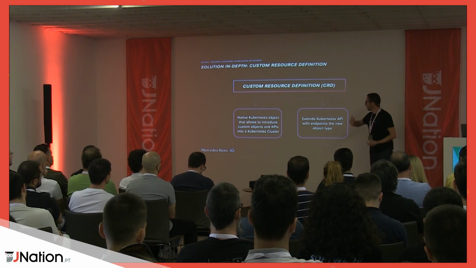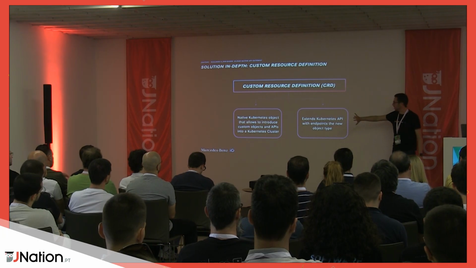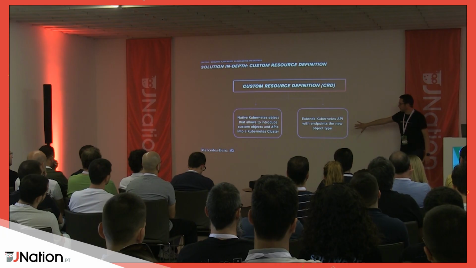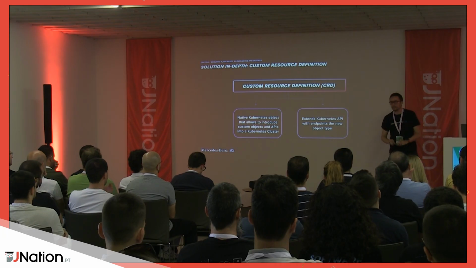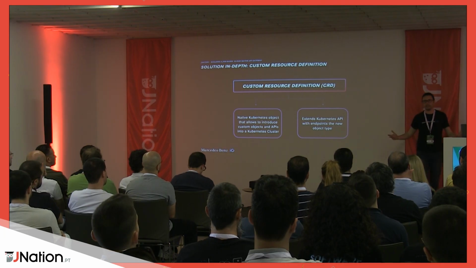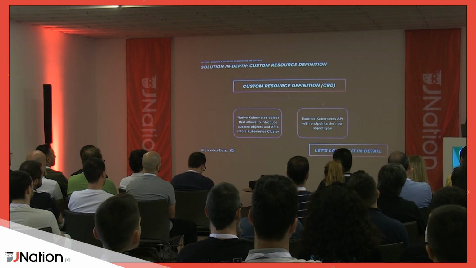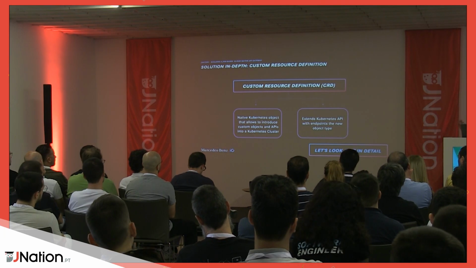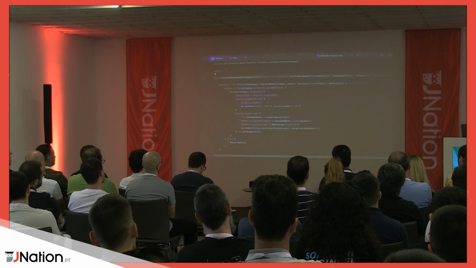As soon as you apply that resource, we will see that in a minute, if you use kubectl, you can make kubectl get that type of object that you create. So it extends the API with it. Let's look into one in detail. What is a custom resource definition?